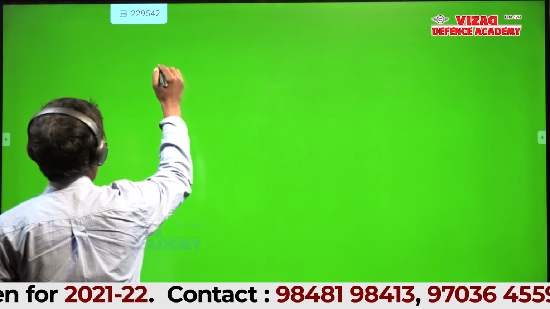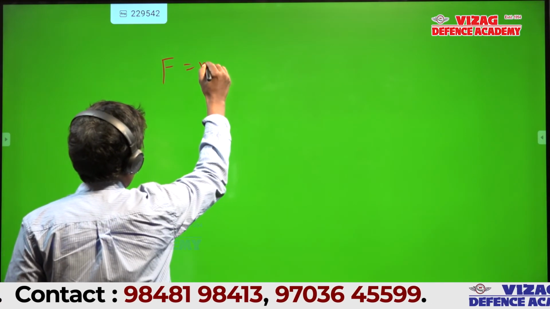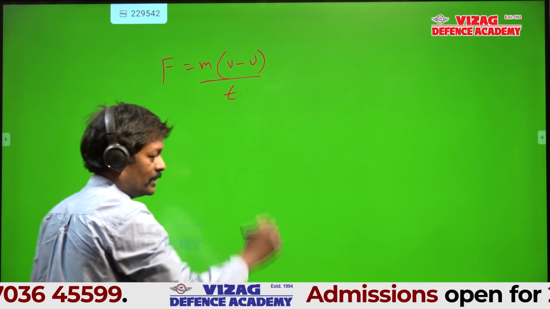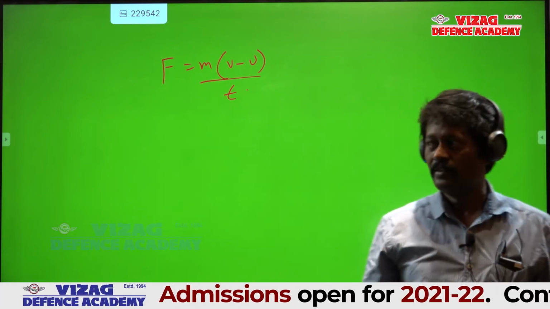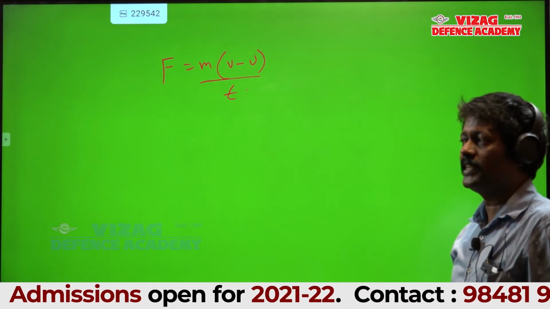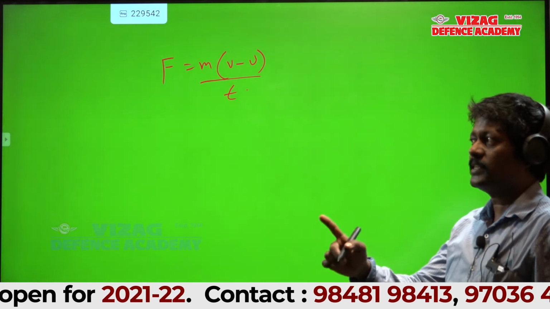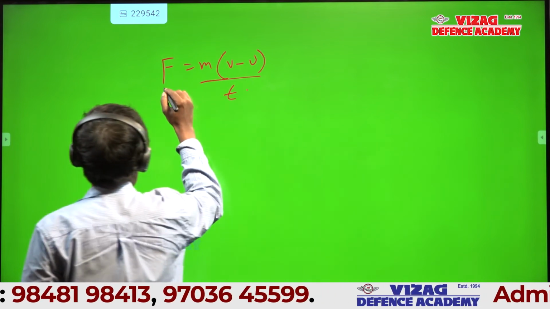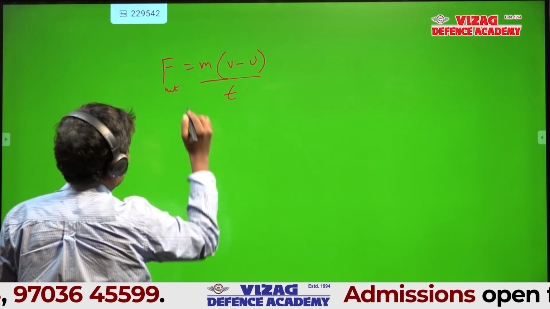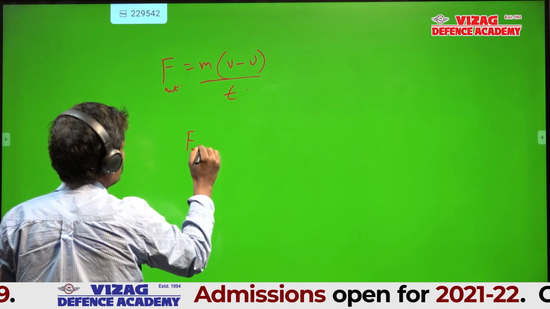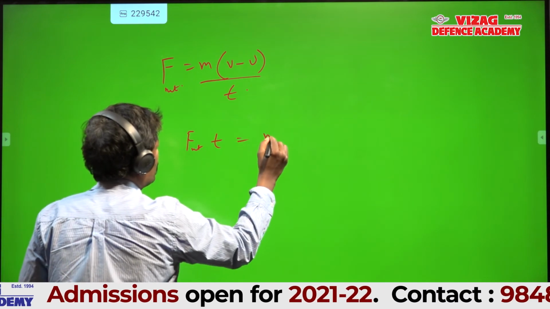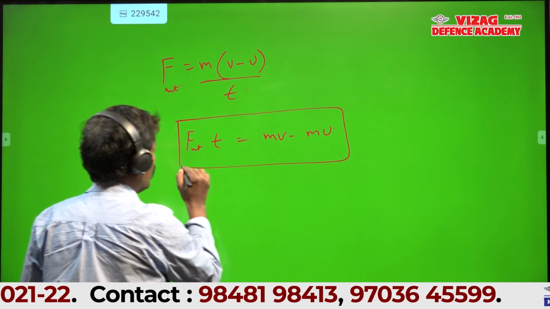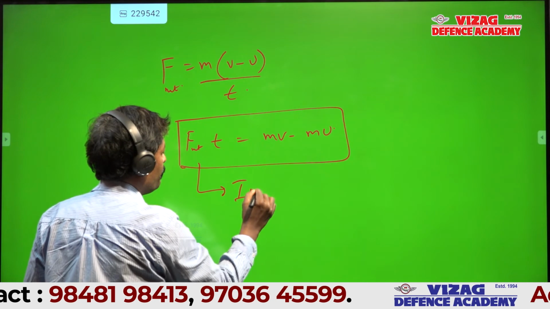I am writing here F equal to m times (v minus u) by t. You agree with this formula? Because acceleration is (v minus u) by t, and F net is ma. So F net into time is mv minus mu. This is called impulse.